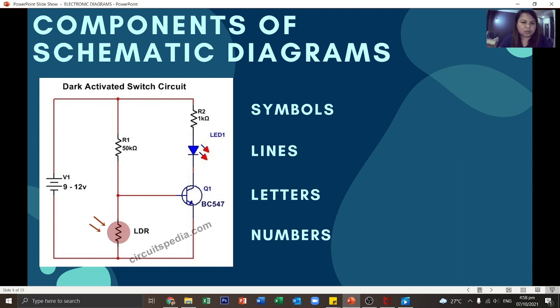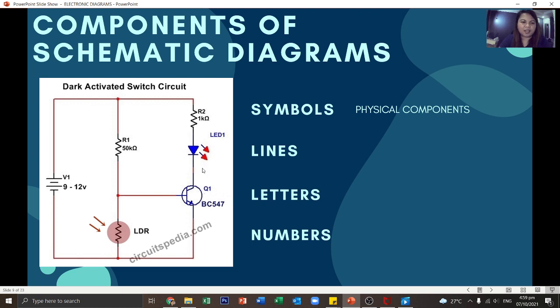First, the symbols. They represent the physical components. So, for example, this symbol is for what component? Correct, resistor. And this one with color blue and red arrow, what is this?